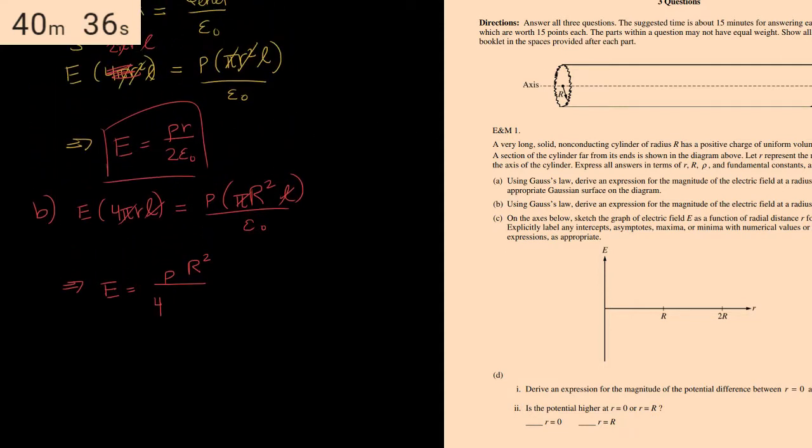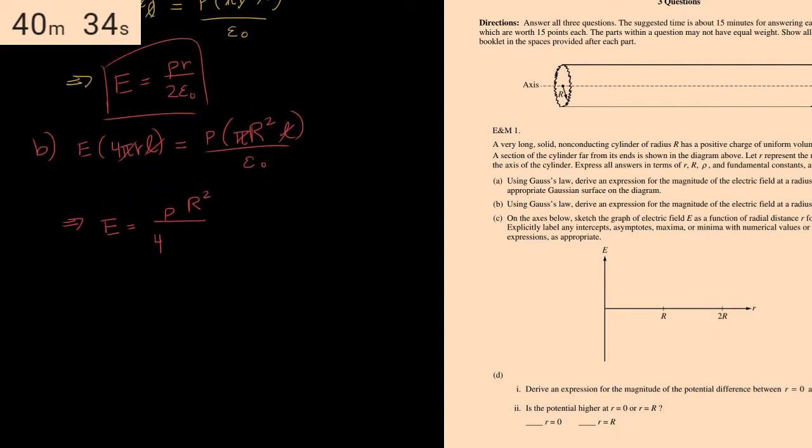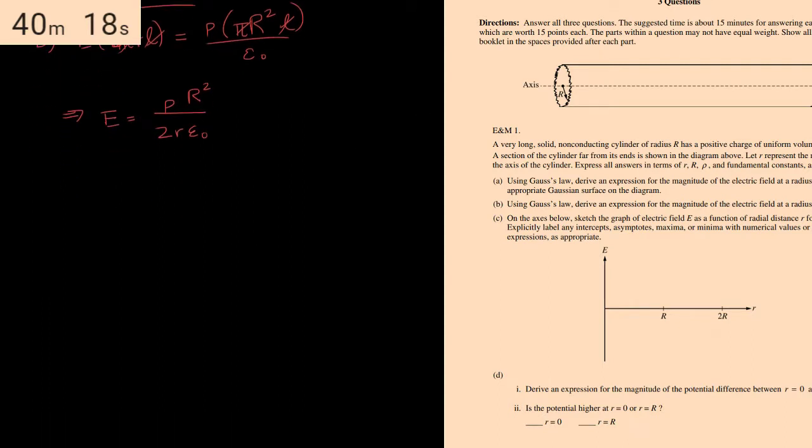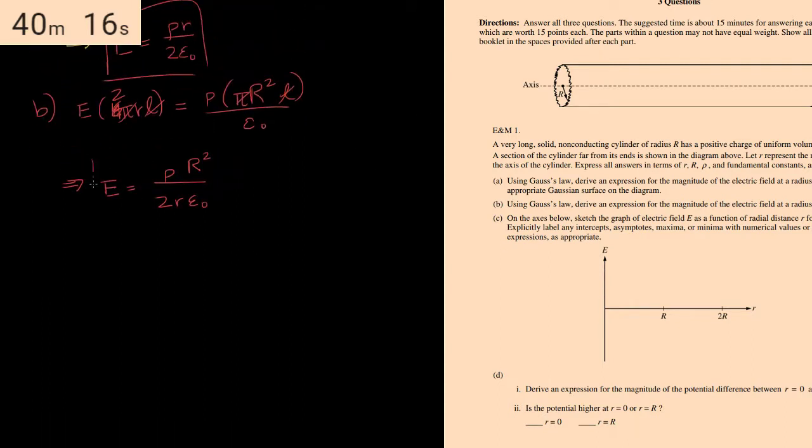Oh, right, it was just a 2. I did this wrong again. This is 2. I don't know why I keep on messing up my surface area of a cylinder. So let's get this here, 2 r epsilon 0. Now we're meant to, let's box it up.